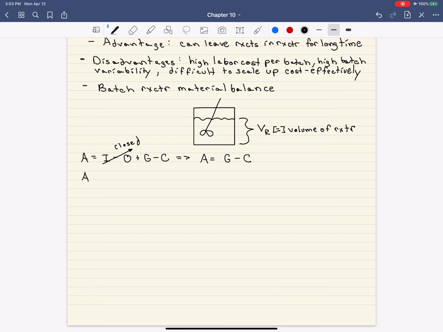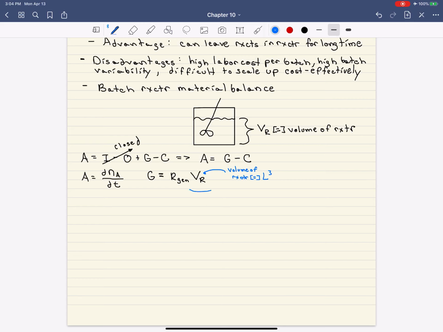So for the accumulation term, when we're dealing with this reaction, what we want to track is the moles of A over time. For the generation term, the way I'm going to write it is as the product of two variables, where we have something called R sub gen, and then also the volume of the reactor. Okay? And so the volume of the reactor here, which I'll write again, that's going to have dimensions of length cubed.